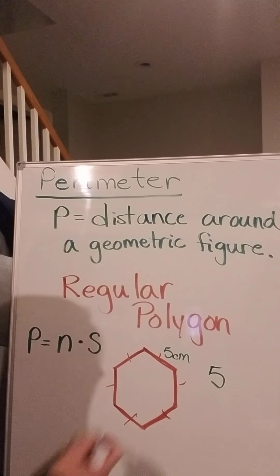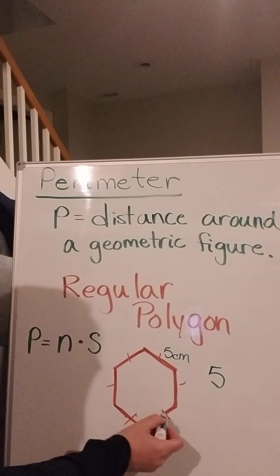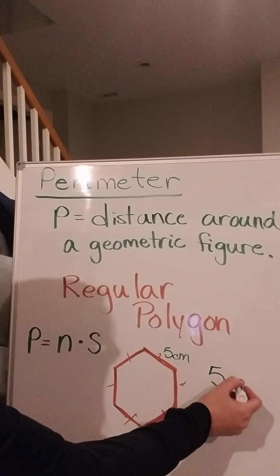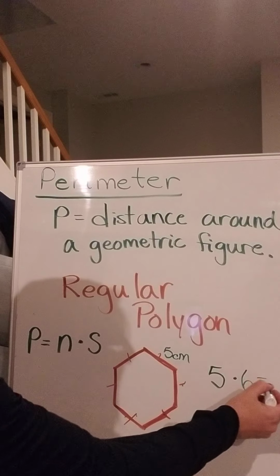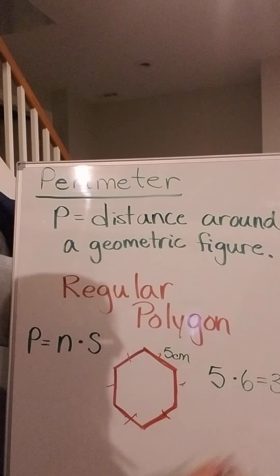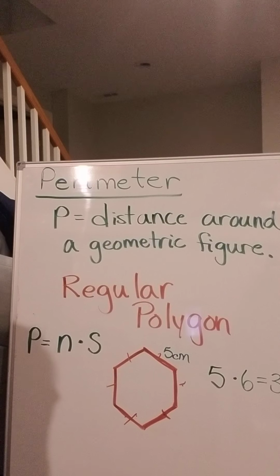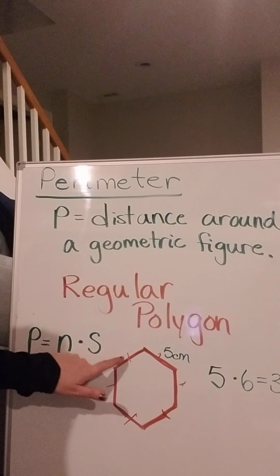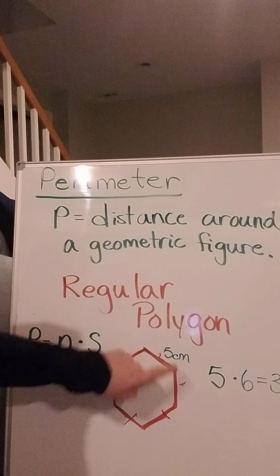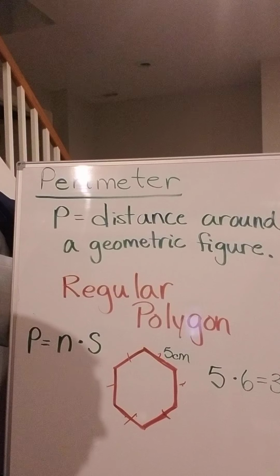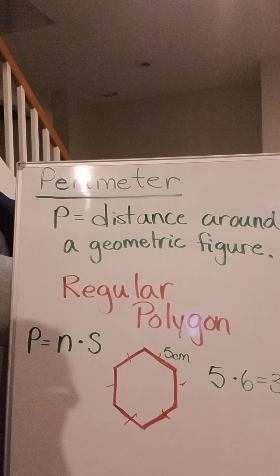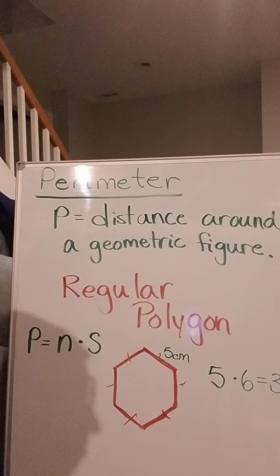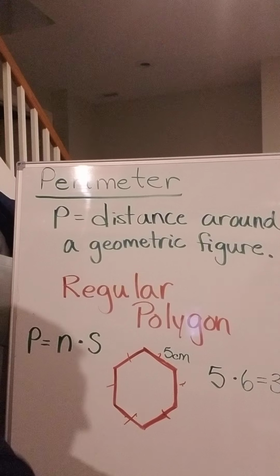How many sides are there? 1, 2, 3, 4, 5, 6, times 6 sides. Perimeter would be 30 centimeters. So you're going to multiply the number of sides times the length of that one side. And this works for regular polygons, meaning that all of the sides are the exact same length.